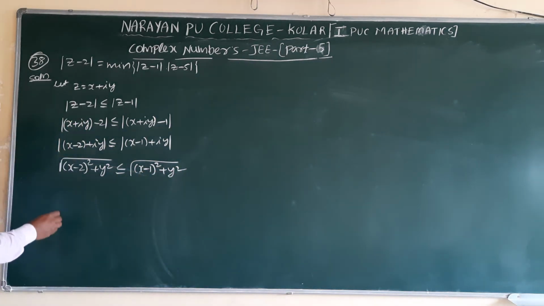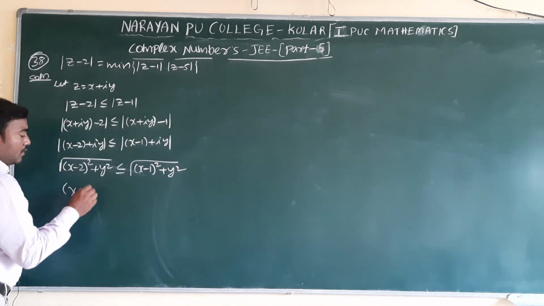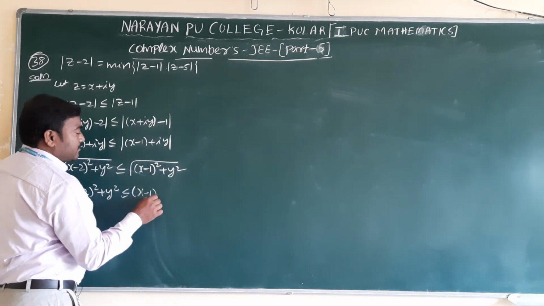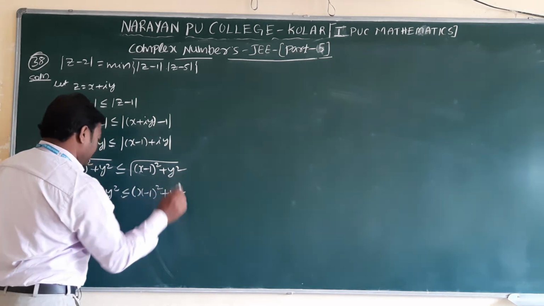Square and square root get cancelled, remaining x minus 2 whole square plus y square is less than or equal to x minus 1 whole square plus y square.